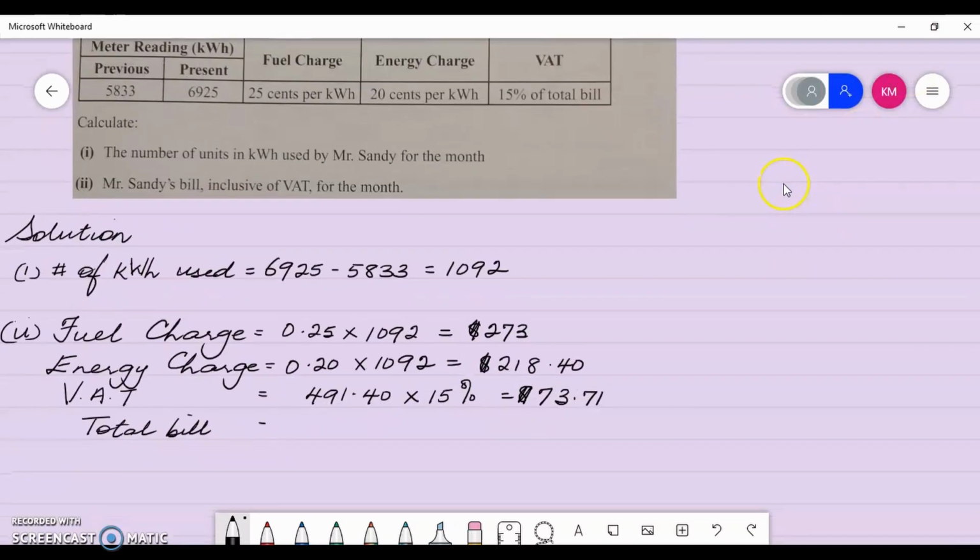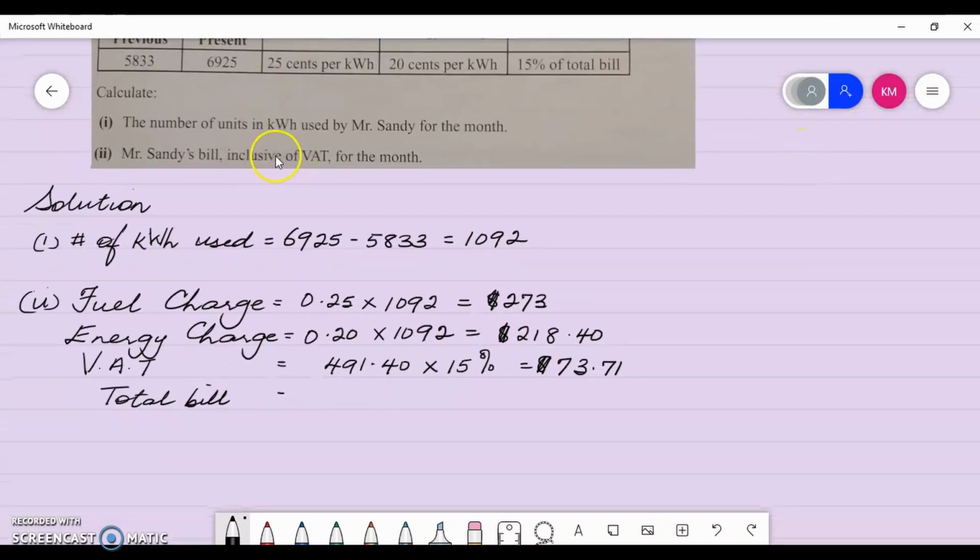So his total bill, inclusive of VAT, meaning including VAT, is going to be that $2.73, which is fuel charge, plus your $2.18 for your energy charge, plus your VAT of $0.74 to give you his total bill.